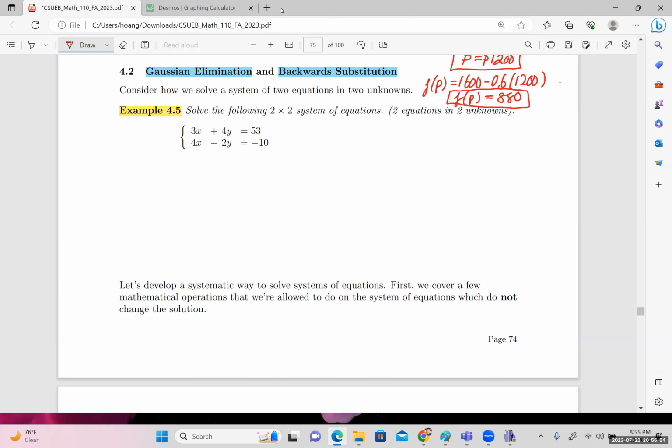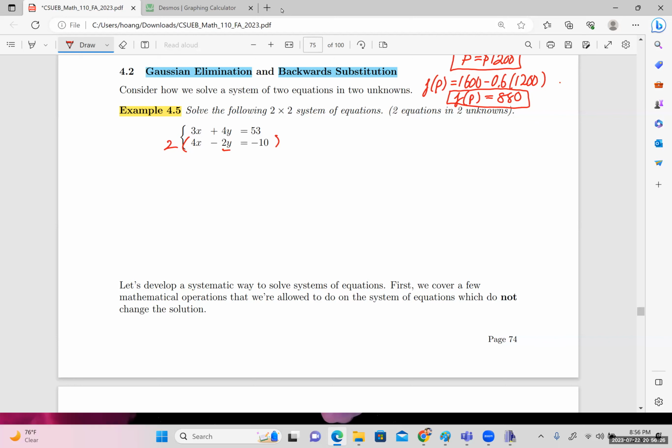So in this case, I would choose to eliminate the term y, and I noted that if I multiply the whole equation 2 by 2, I will make negative 4y. I can add it with the first one and make it so there is no more y. So let's do that.